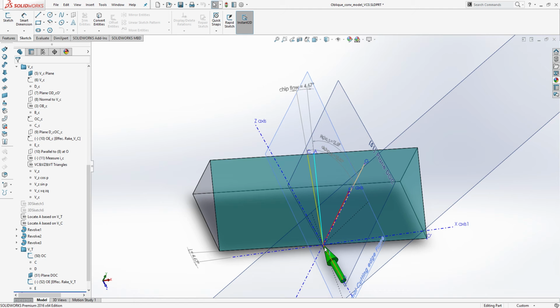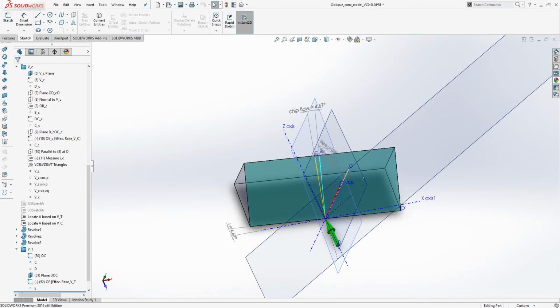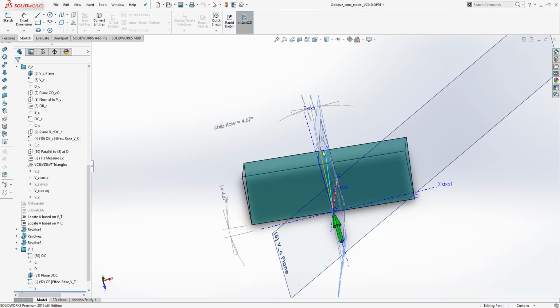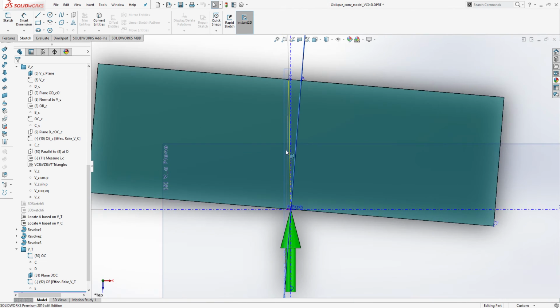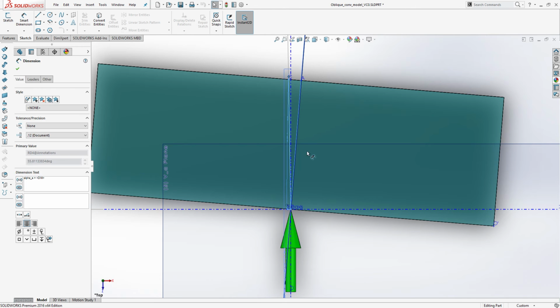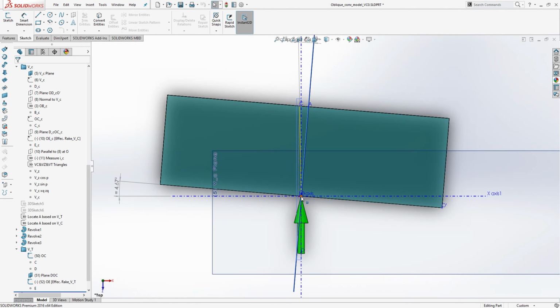So I can draw a new line, which is OC, inclined at 4.67, almost equal to the inclination angle i. So the chip will flow in this direction. If we take a look from the top, it will look like this. The chip will go to here.